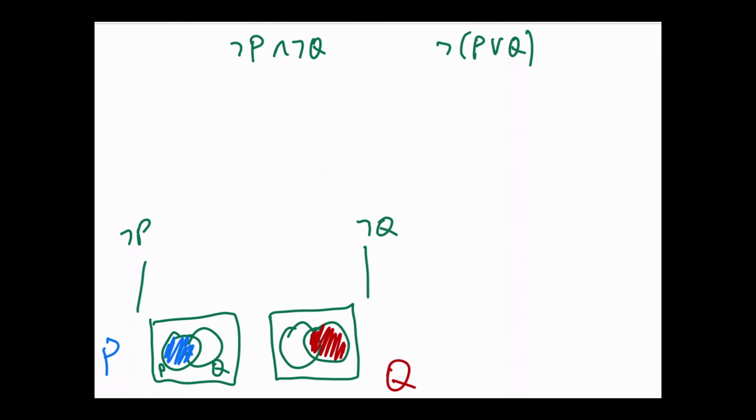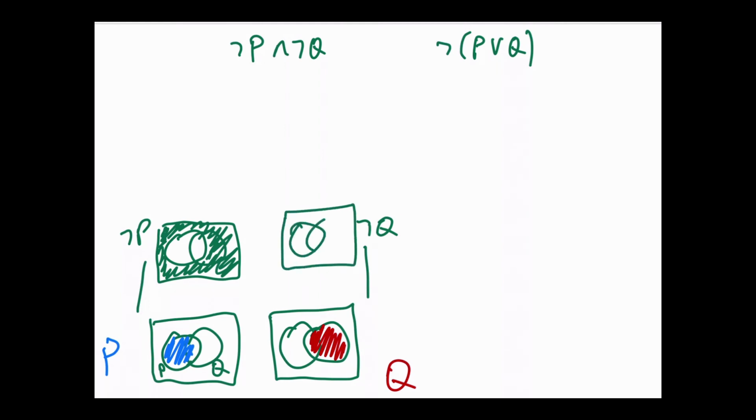So now I want to look at the not P region given this shade. I've shaded inside of this one circle right here. To shade not P, I'm going to shade everything outside of the P circle. I'll use green for that. So there's everything in the not P region. And what about for not Q?